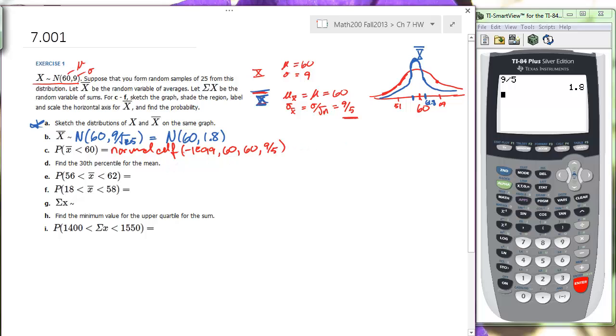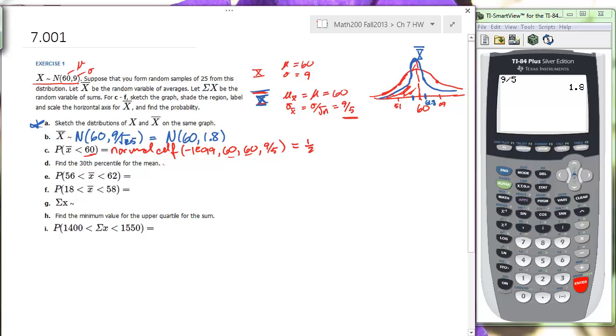Since this high is the same as the mean, you're essentially looking for the area under the curve that's less than 60. That is really just 1/2. We could have put that in our calculator, but we won't waste our time because this high is the same thing as the mean, so it's just going to be exactly half.